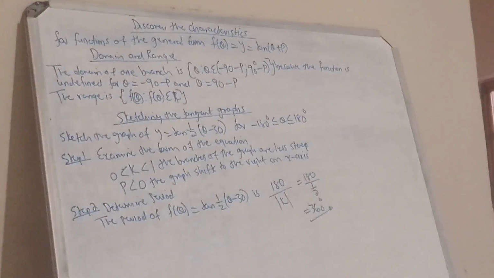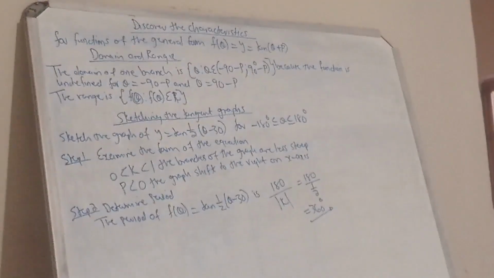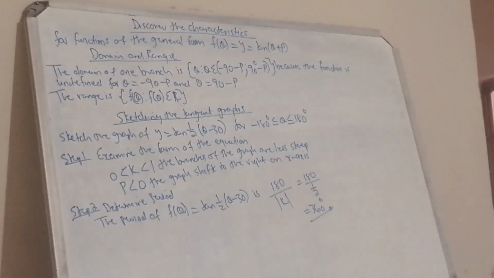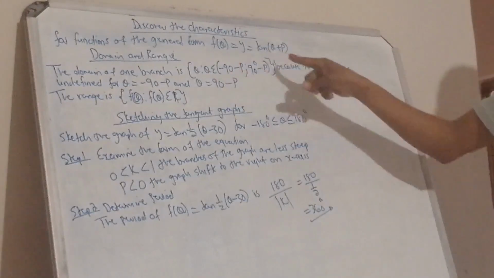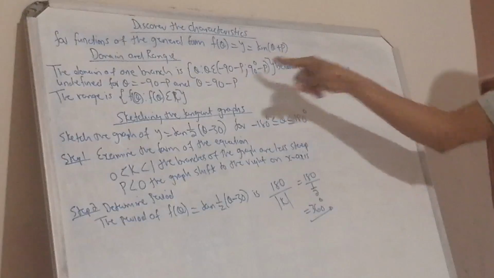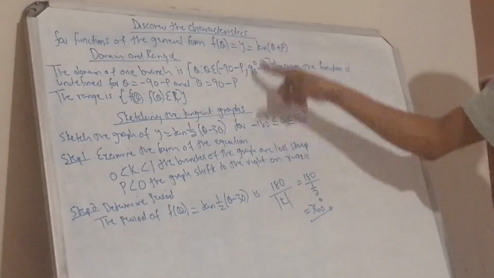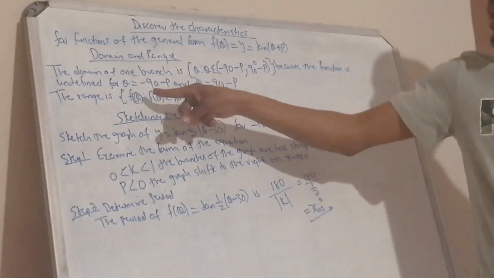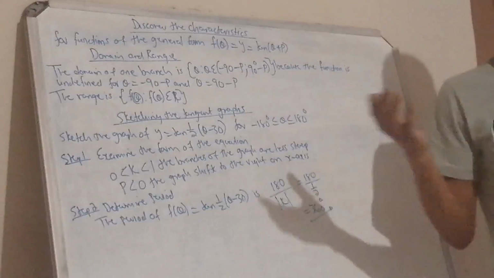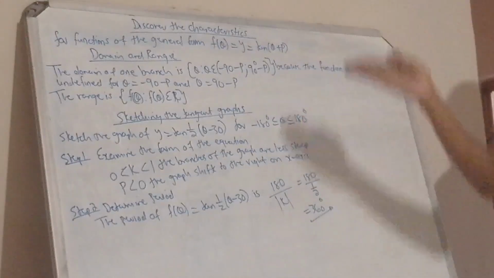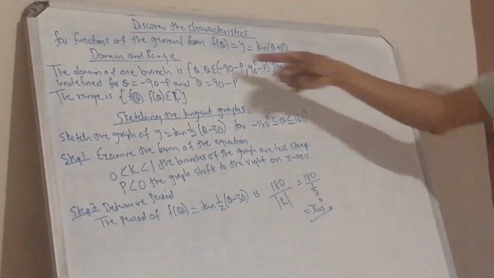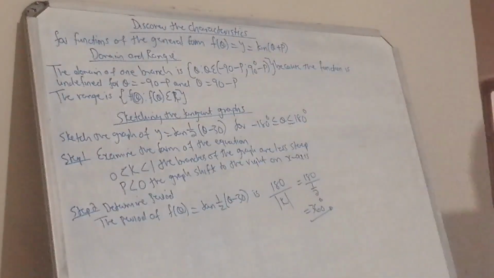The range is f(theta) such that f(theta) is an element of real numbers, because they go to positive infinity and negative infinity.